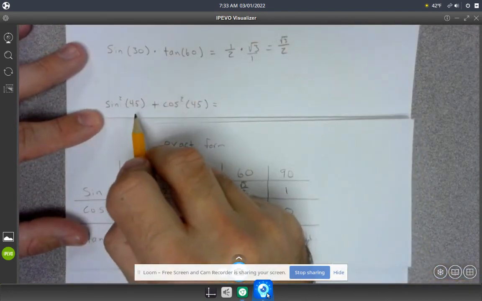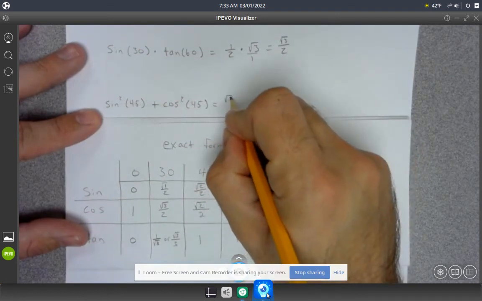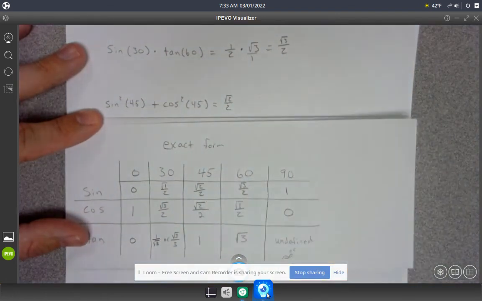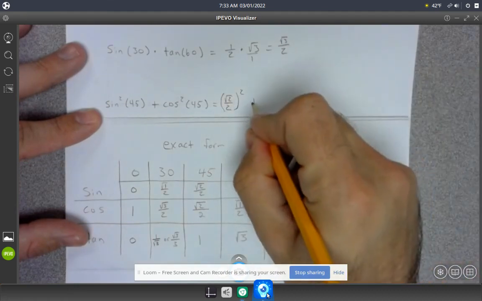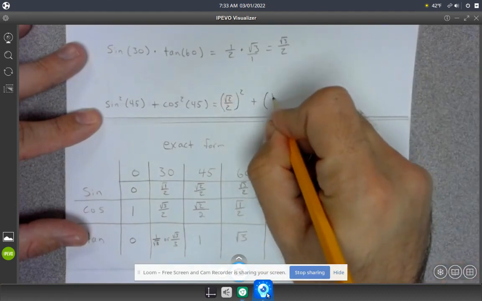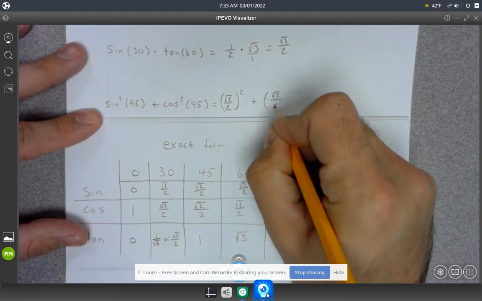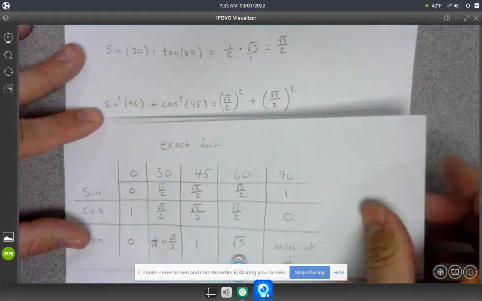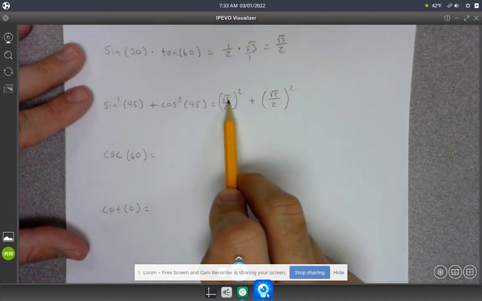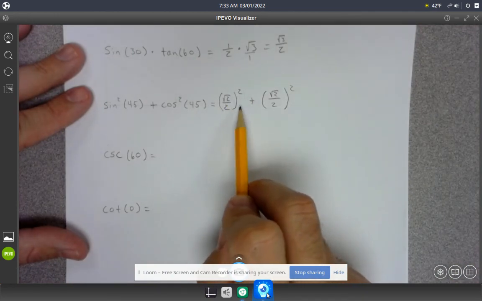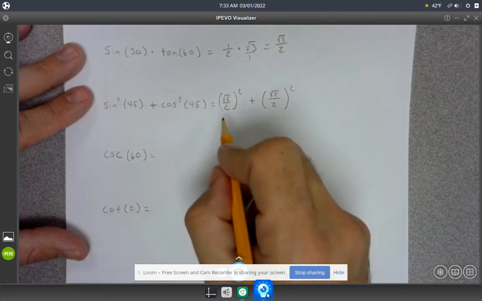Okay, so sine of 45 is root 2 over 2, and we're going to square that plus cosine of 45 squared. It's going to give us the same answer.